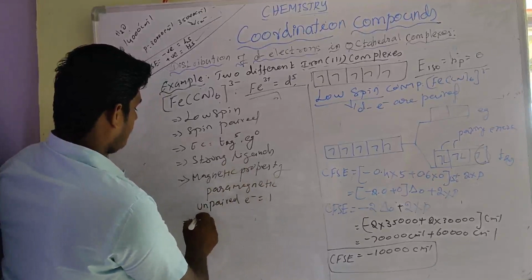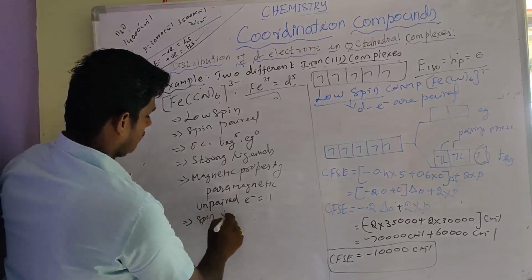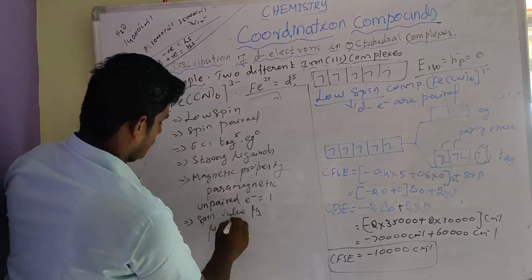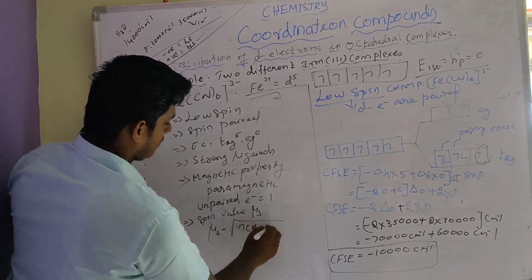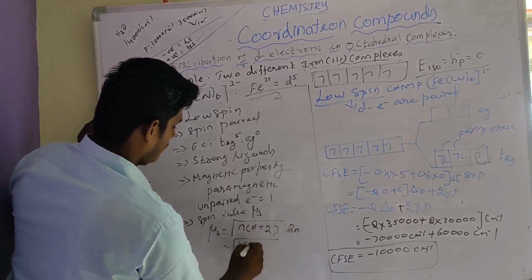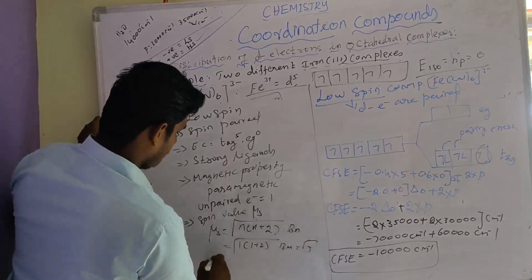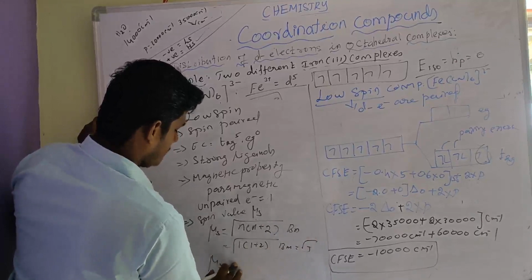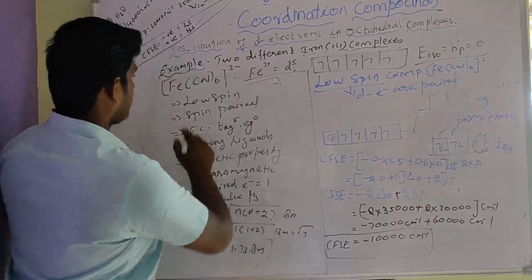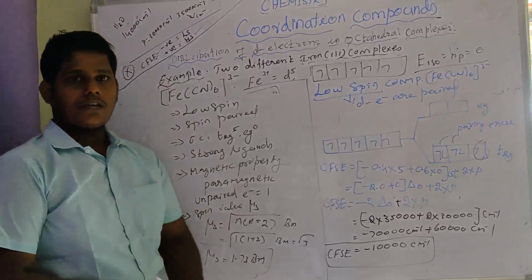Another property is the spin-only value: mu(s) equals the square root of n(n+2) BM. With one unpaired electron, 1 times (1+2) equals root 3 BM. So the mu(s) value is 1.73 BM for the [Fe(CN)6]3- complex. Okay, that's all.